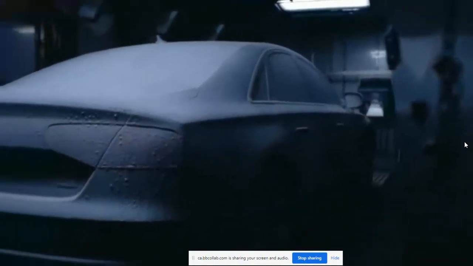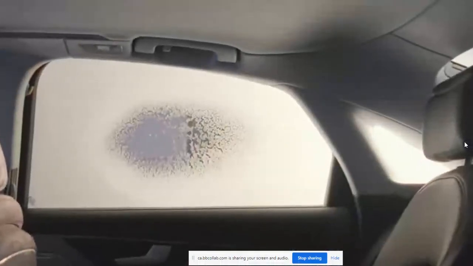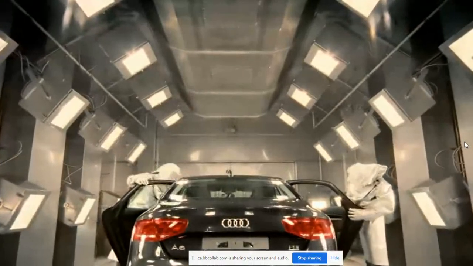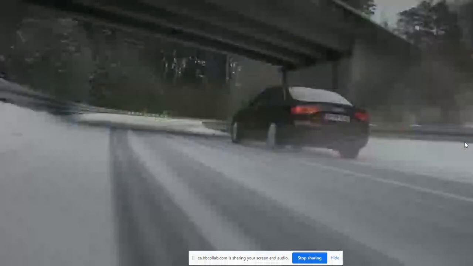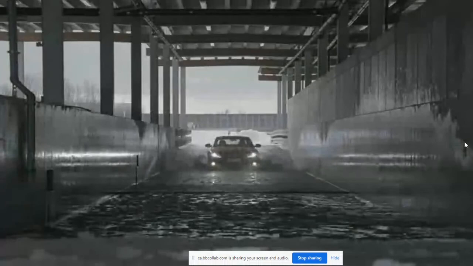Salt, 100% humidity. It takes an aging process that adds 12 years to a test vehicle in just 19 weeks. All Audi models, from the A1 to the A8, have to endure this grueling test.